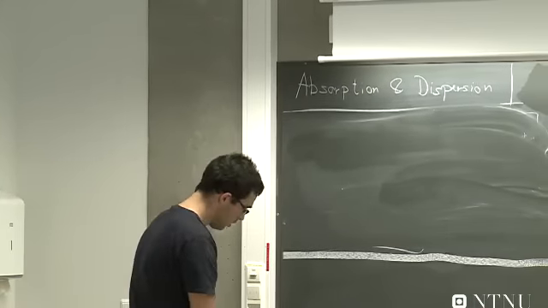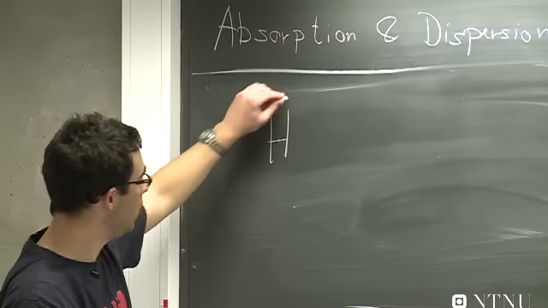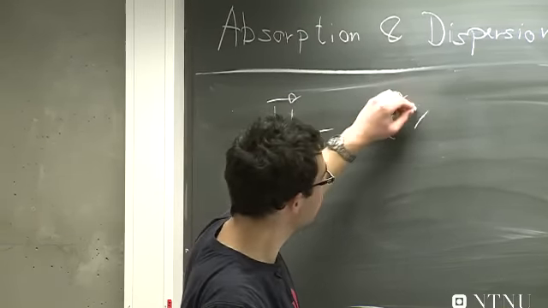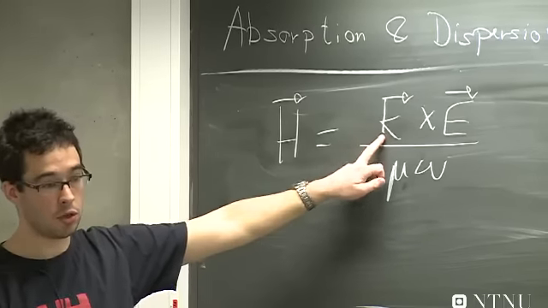Okay. Just some notes on the magnetic field. As in a vacuum, we have that H is K cross E over mu omega. And in a conductor, the K is complex, as we just saw.